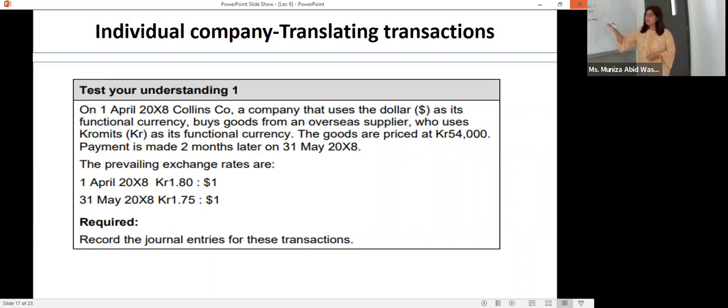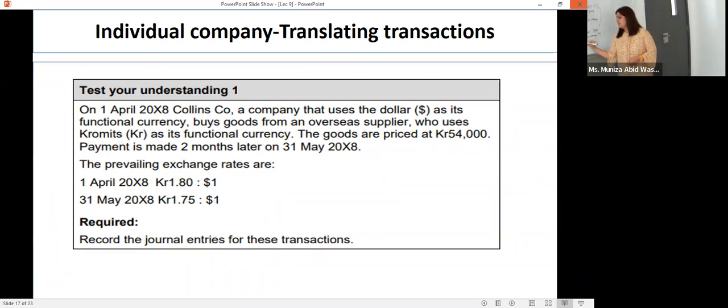Now, one more thing. This transaction has to be changed a little bit. It could be passed in this manner as well. Debit payables with the same amount which we have credited first, that is 30,000. Debit loss on exchange, that is 857.